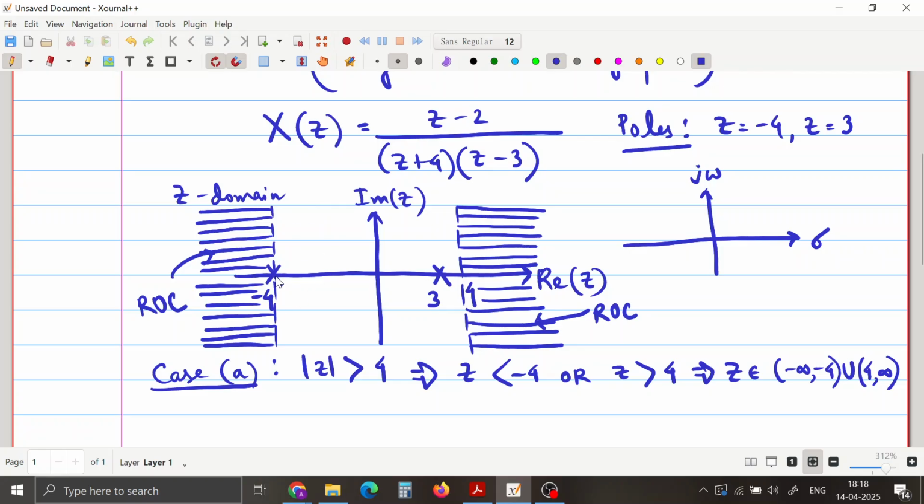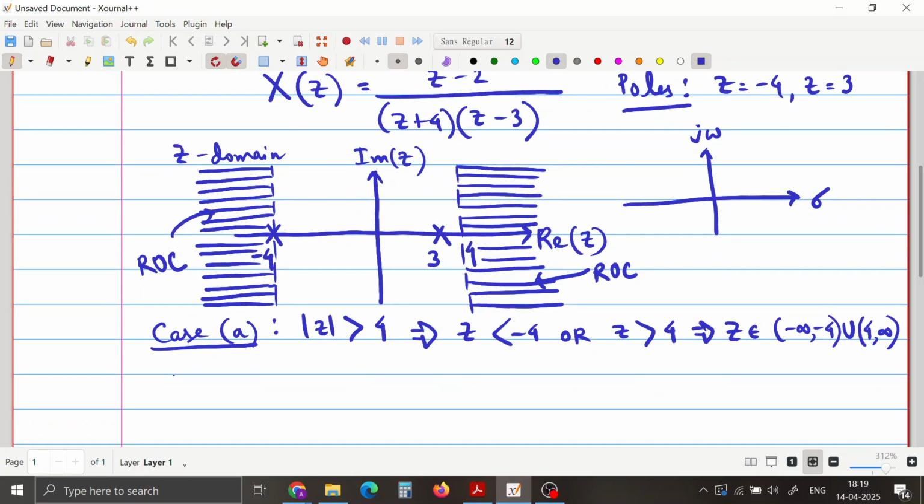There is one pole at z equals minus 4, which is lying at the boundary of the ROC, but that is allowed, that is fine. And this pole at z equals 3 lies outside the ROC. Okay, so that is also fine. So this indeed can be a valid ROC, no problem about this one.